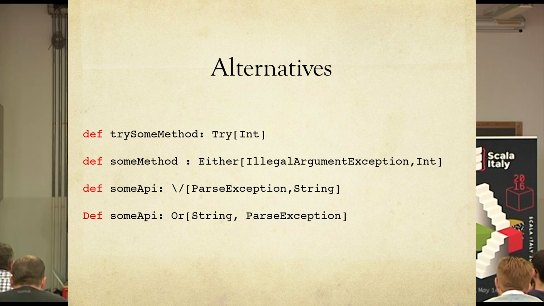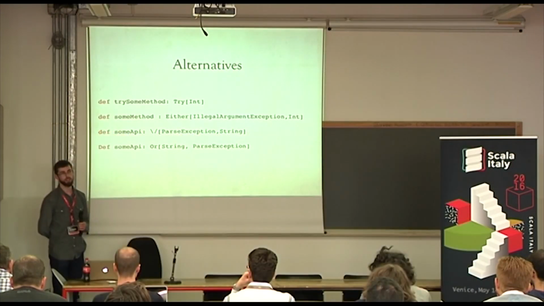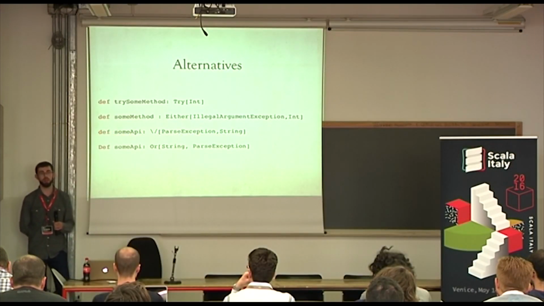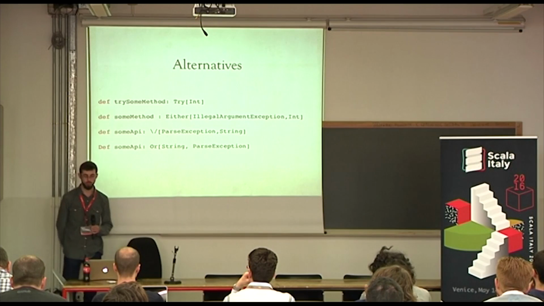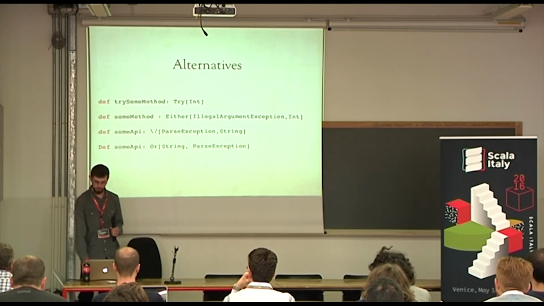These are a lot less opinionated in one way, so it's not just exception objects that get returned in the case of a failure. You can define your own error object if you like. The advantage of this is that the API user knows exactly what type of error object they're going to get back, so you can be more specific about what's returned in the case of a failure.